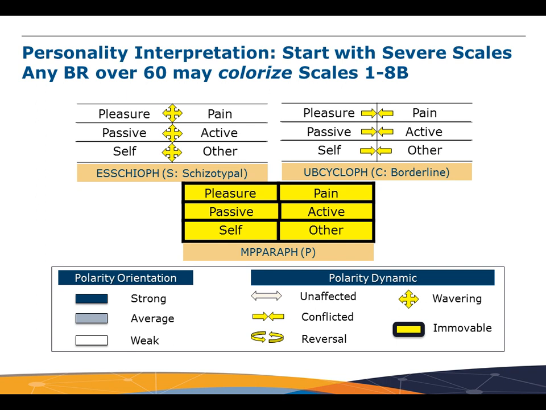Such that we look at the schizotypal scale, and we see the representation of the different polarities, and we have this figure right here. We have what's called the wavering, that is, these become very ill-defined.